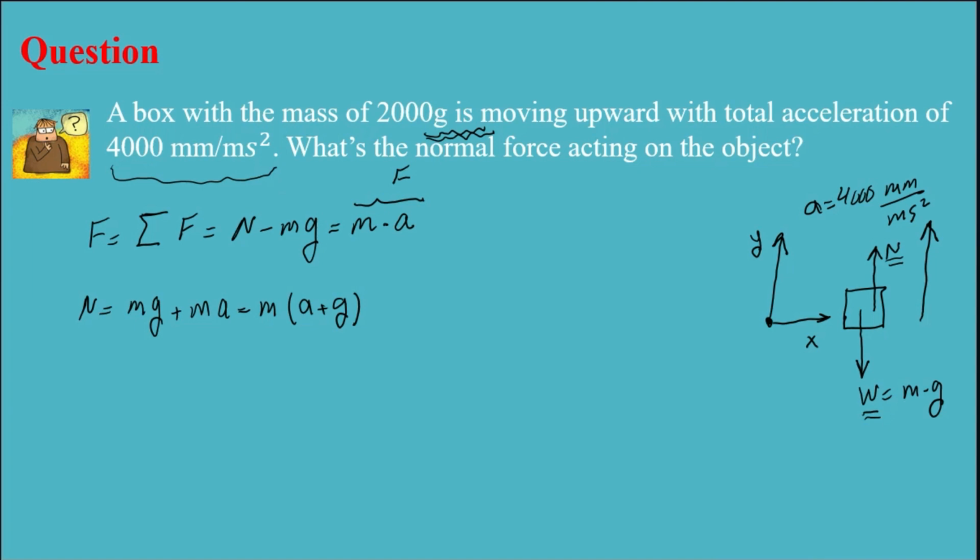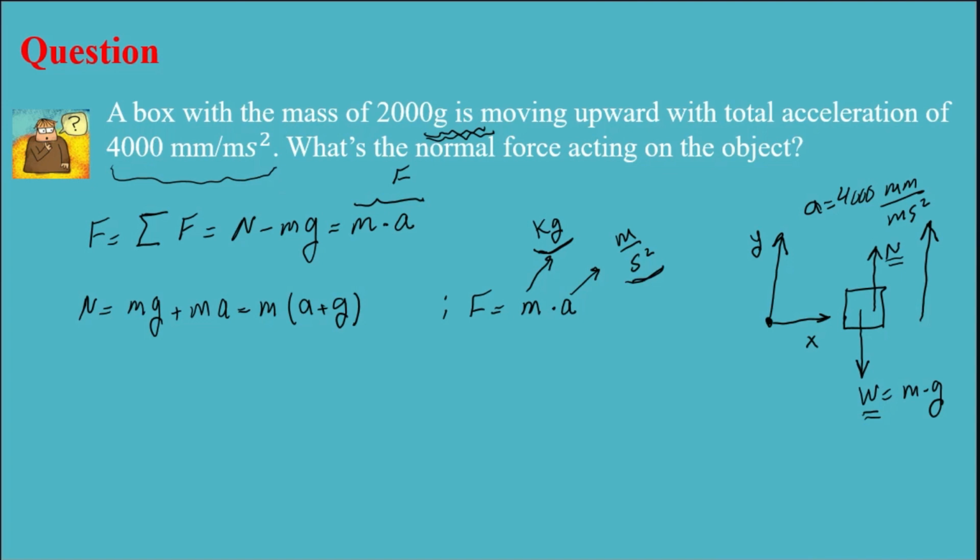So if you look at Newton's second law, F equals m times a, the unit of mass must be in kilograms, and the unit of acceleration must be meter per second squared, right? So if you don't have those units, you must do the unit conversion, otherwise your answer is wrong.